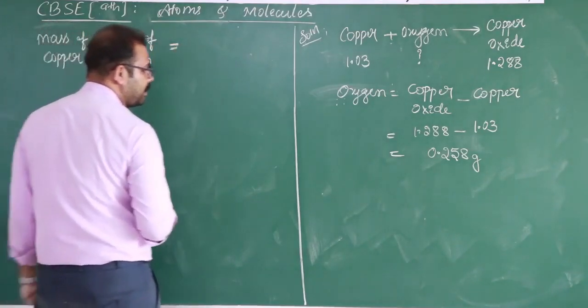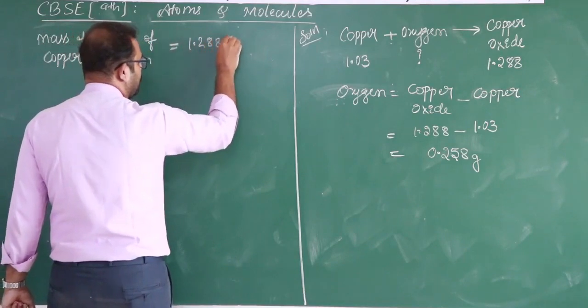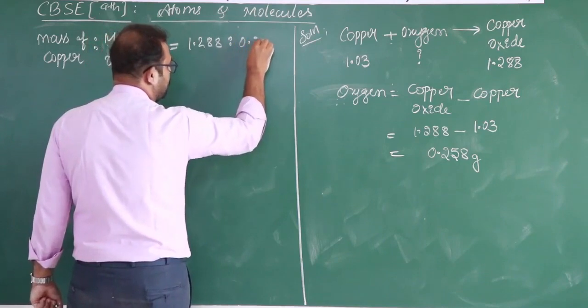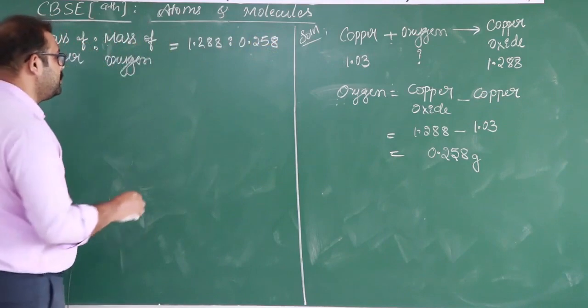So the mass of copper is 1.288 and the mass of oxygen is 0.258. So now we have to find the ratio of this.